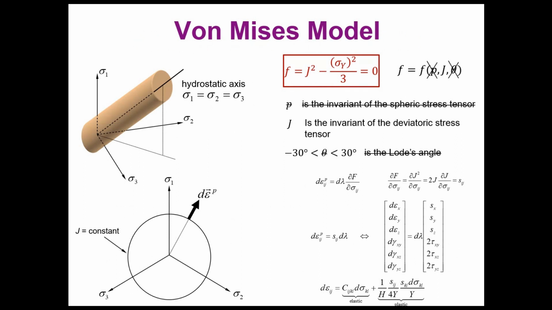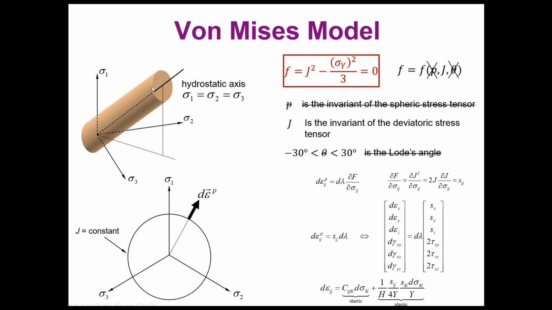This is the yield surface for the von Mises failure theory that we are going to use in our plastic models. What you see on the screen is that the shape of the surface is a cylinder that is concentric with the hydrostatic axis in the space of the principal stresses.